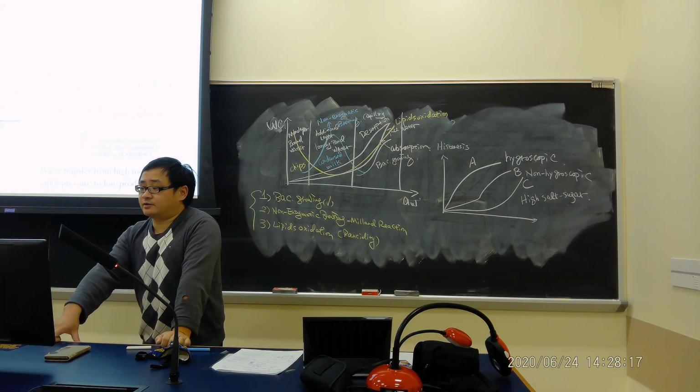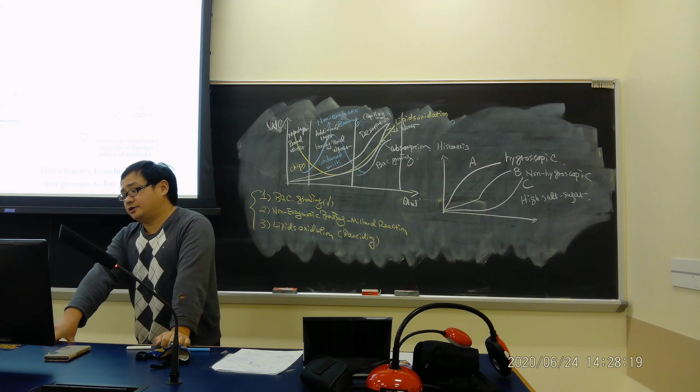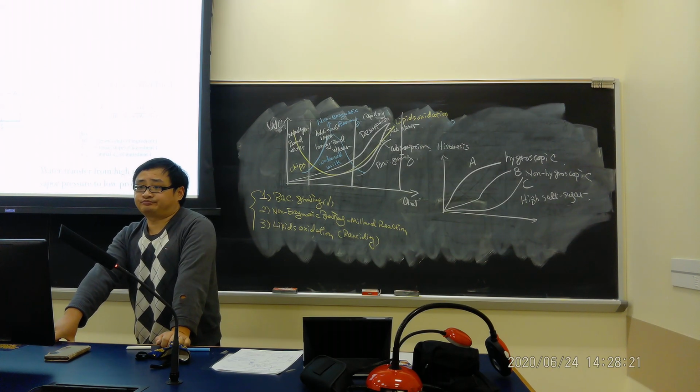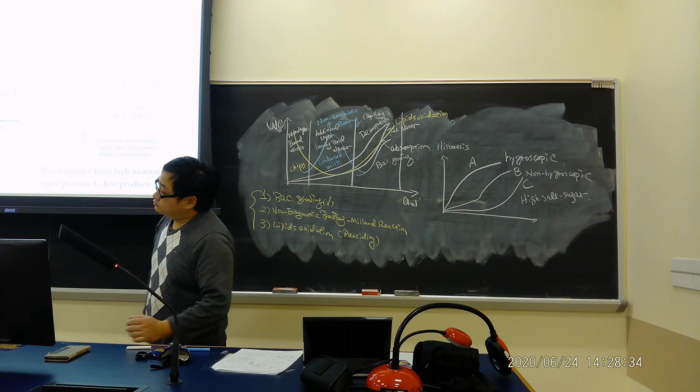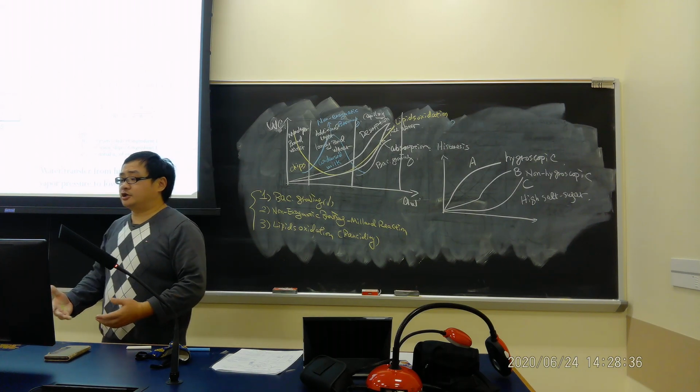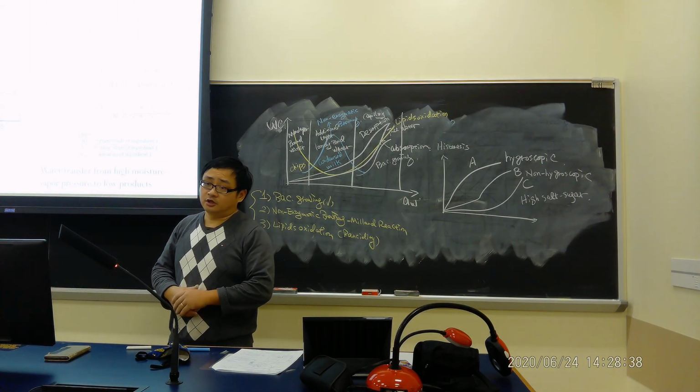Here is an example. If I want to make a dry soup mix, there are two components: 2% moisture freeze-dried vegetable and 13% moisture starch. Then you mix it, and it will generate 9% moisture.